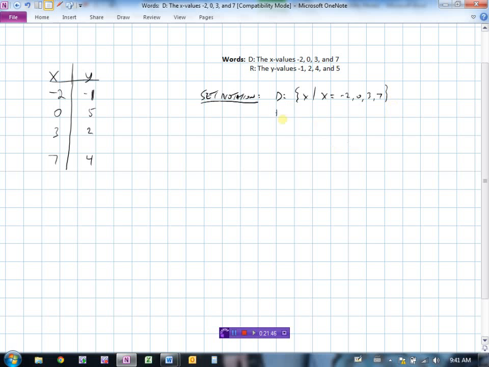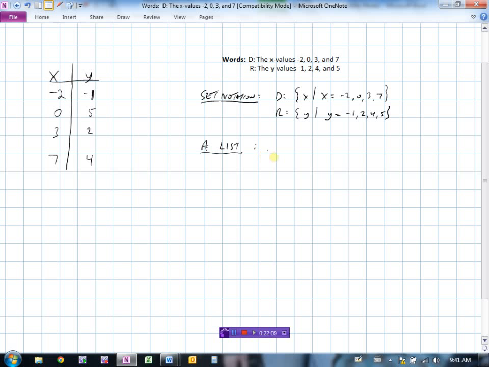And range would be the set of all y such that y equals -1, 2, 4, and 5. But usually we don't use set notation when we're just listing a certain set of numbers. We would just write this as a list because we don't really need the set notation.